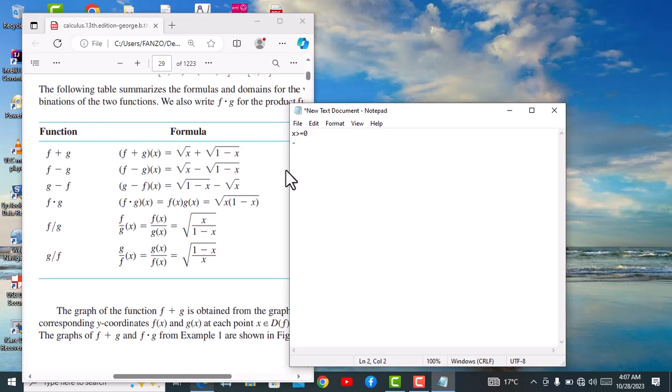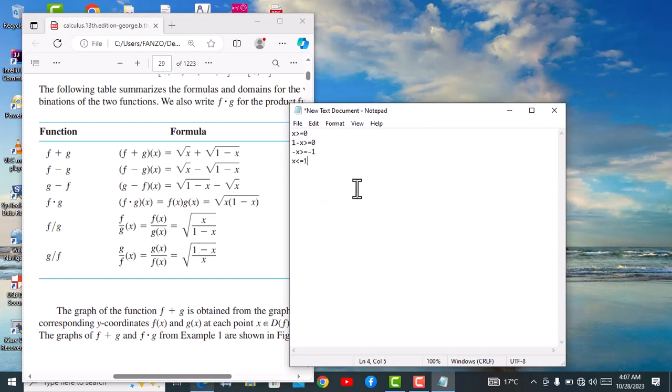Very important. And then secondly, I know this one, that 1 minus x should be greater or equal to 0, and I can solve there and say minus x should be greater or equal to minus 1, and then when you divide both sides by negative, the inequality reverses so that x is less or equal to 1.